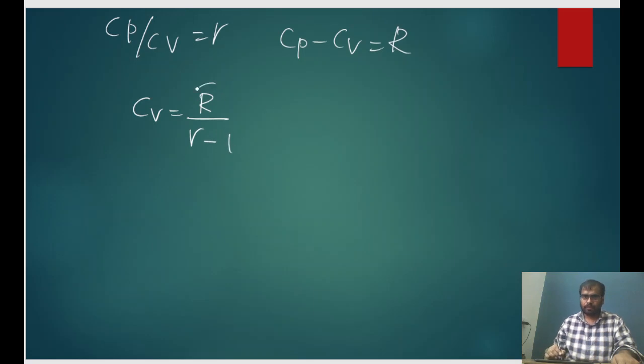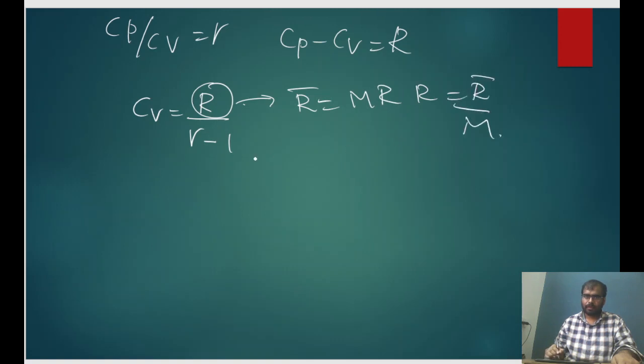But we know that formula. R bar is equal to M into R. So the R is R bar by M. We can replace this, Cv is equal to R bar by M(gamma minus 1).